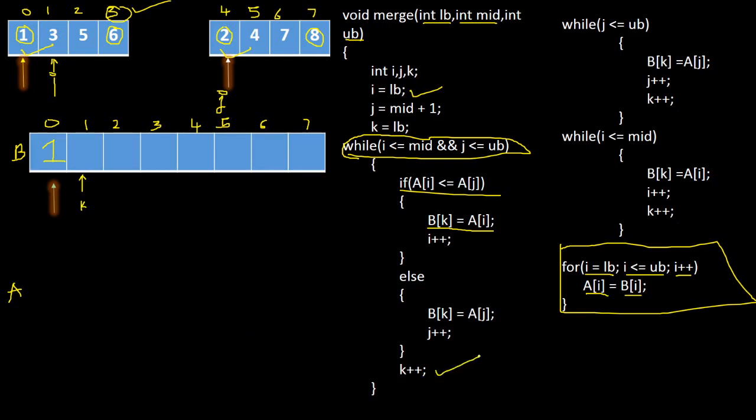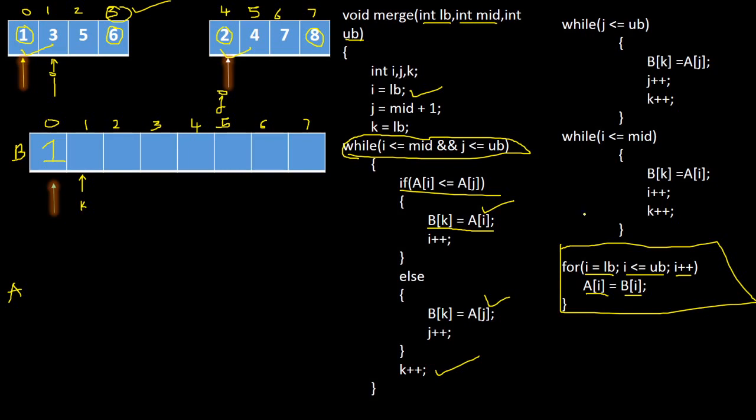Why is this k plus plus outside this if? Because whether you are copying the i index value or the j index value, it is going to be copied into b. So k will be incremented in any case. That's why k plus plus is outside this if else. I hope you are understanding.